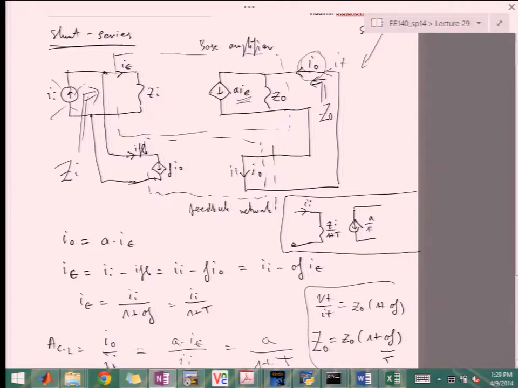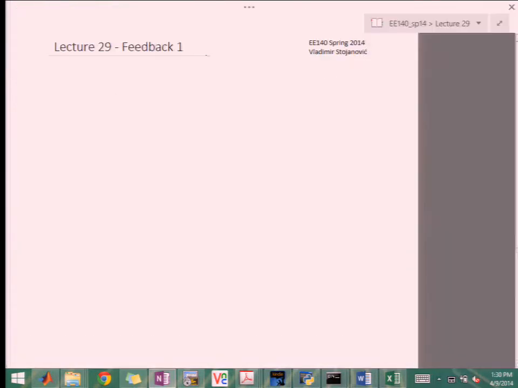So A over 1 plus T II. And then we have the Norton, which is now Z naught. Because it's now a current source, the output impedance is boosted by 1 plus T. Okay. Series.